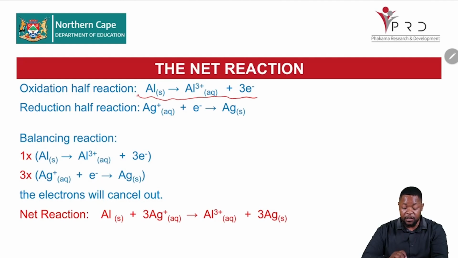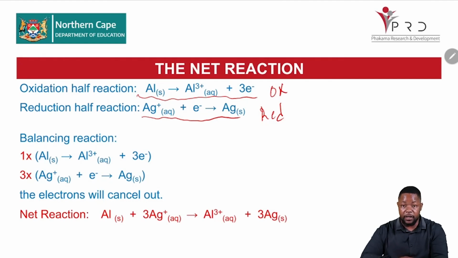This indicates the increase in oxidation number. Therefore, aluminium undergoes oxidation. Let's look at silver. Silver on the left, oxidation number is 1+, and then silver on the right, oxidation number is 0. This indicates a decrease in oxidation number. Therefore, this substance undergoes reduction. This substance undergoes oxidation.